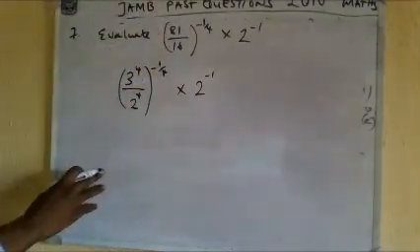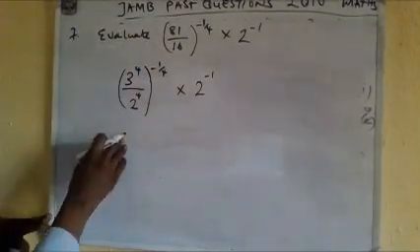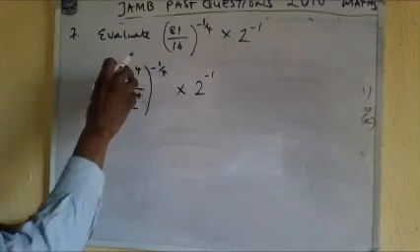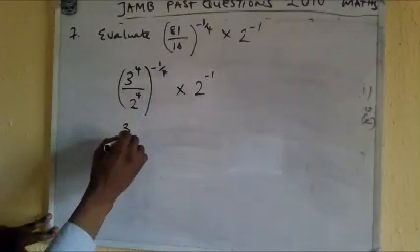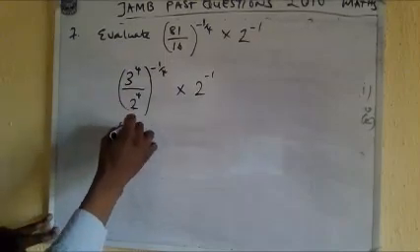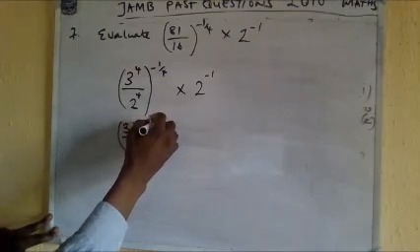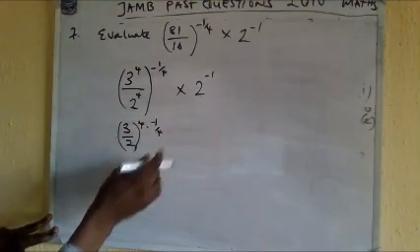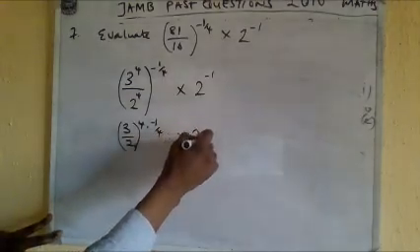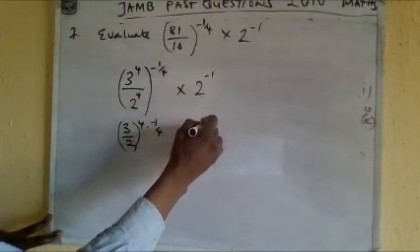So I've broken it down. Still with the law of indices, because this is the same power, I can group these and use the same power to raise them, giving (3 over 2) to the power 4, all raised to the power minus 1 over 4, times 2 raised to the power minus 1.